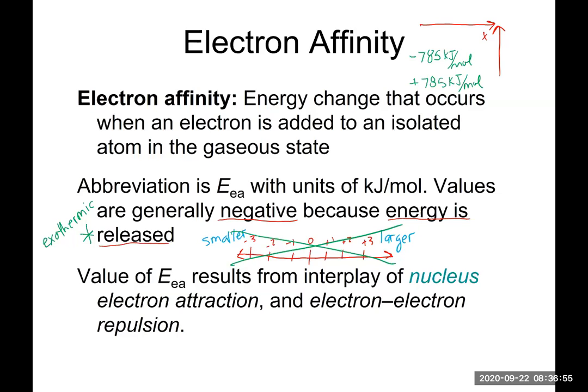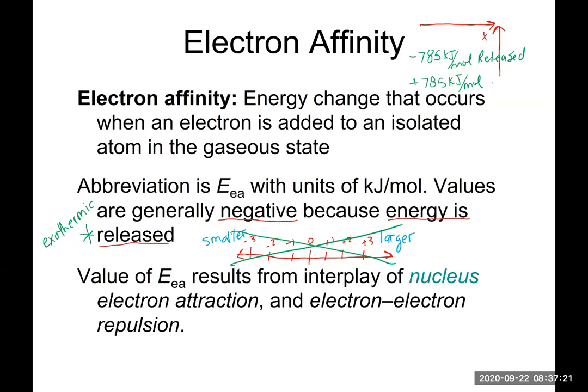The magnitude, regardless of whether you're looking at the exothermic reaction, which has a negative sign in front of it, or the endothermic reaction, which has a positive sign in front of it, you still have 785 kilojoules per mole of energy. In one case, that 785 kilojoules per mole of energy is being released.